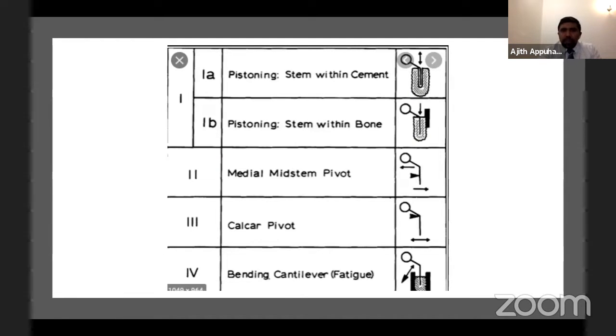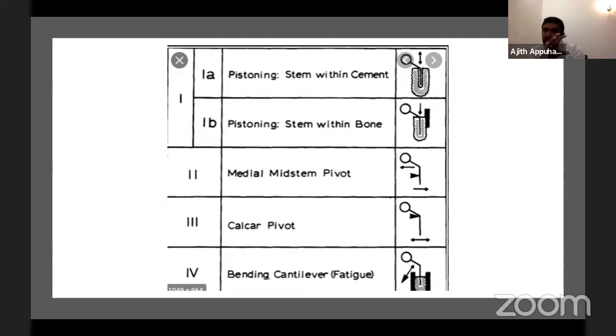The second mode is medial mid-stem pivoting. Medial mid-stem pivot means medial migration of the proximal part of the stem and lateral migration of the distal part of the stem. Why does this happen?